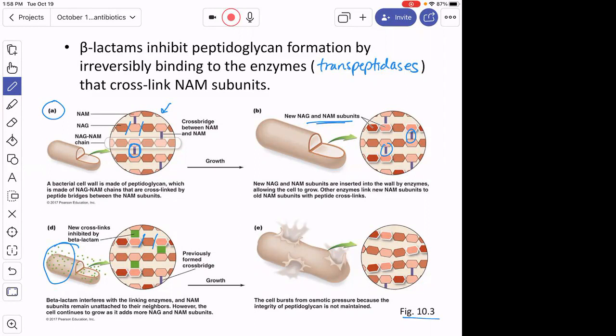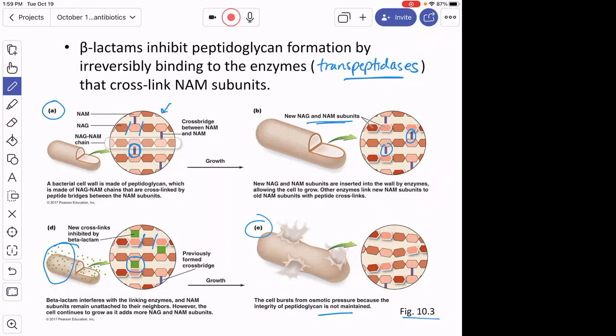But now the beta lactams are going to be binding to these enzymes, the transpeptidases. So these cross bridges that should be reformed after the new subunits are put in, you can see over here, are not reformed. Okay, so that basically harms the structure or makes it less rigid, less protective, and then the cell is going to be susceptible to osmotic pressure.